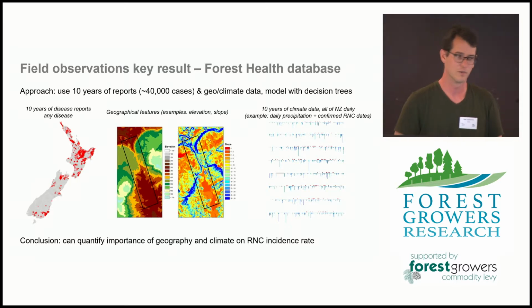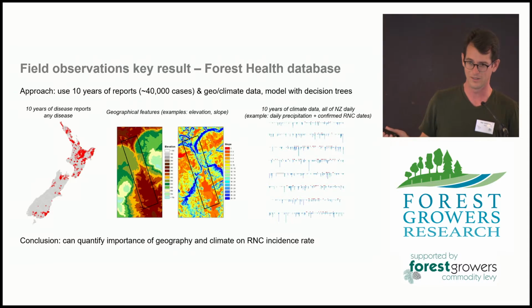Then we correlate that with geographical features. So I showed only two here, elevation and slope, but we have others that basically capture the local environment. Like, are you in a valley or on a steep slope, or are you just on flat land? And then all of the weather data.